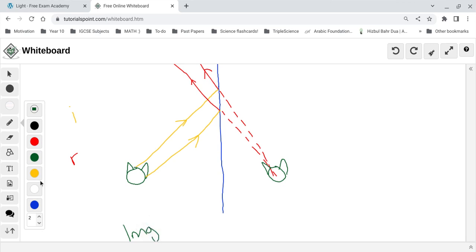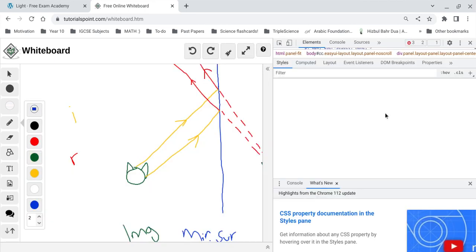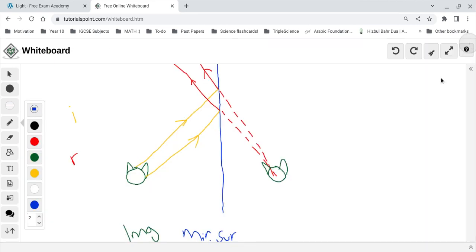And then for blue, I'm going to put mirror surface. And if you're paying attention, you should know what it stands for.